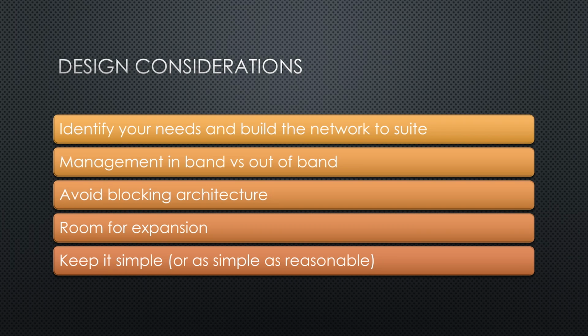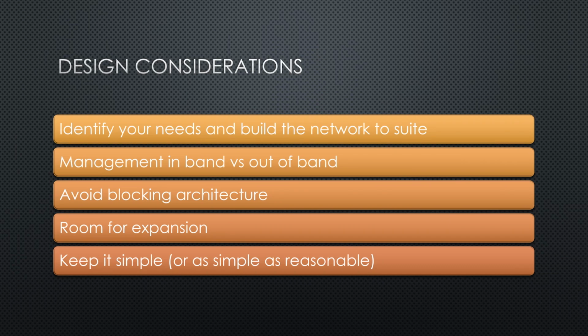Out-of-band obviously requires additional hardware, but it gives you some additional flexibility and reliability that you might not get in-band. Truth be told, you'll probably end up with a hybrid strategy, as a lot of the devices don't have enough interfaces to do out-of-band. Avoiding a non-blocking architecture is critical in the design, and we'll look at that in some of the design examples throughout the presentation.